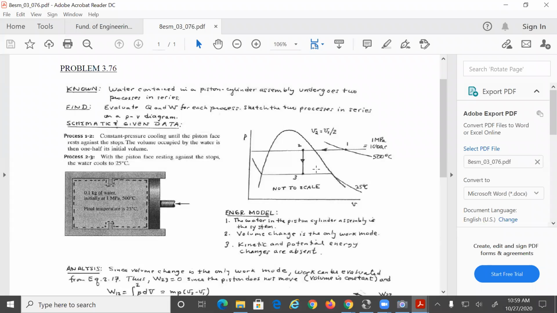At 3, what do we know? Again, we know this is a constant volume. We need to go to table A3 and see what happens at 25, no? What was the volume? And so basically we'll be here at 25. You find that it's also a mixture. You can find from the figure. If this is constant, 3 needs to be a mixture, no? You cannot go outside the curve. You need to go to this curve at 25 degrees. All right? Okay?